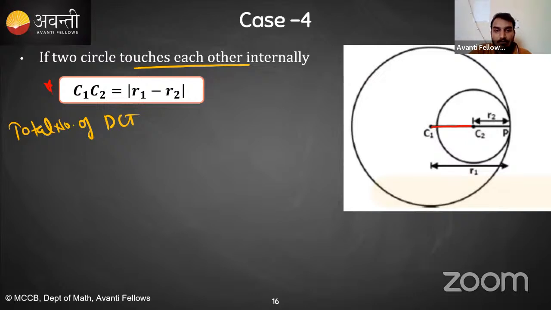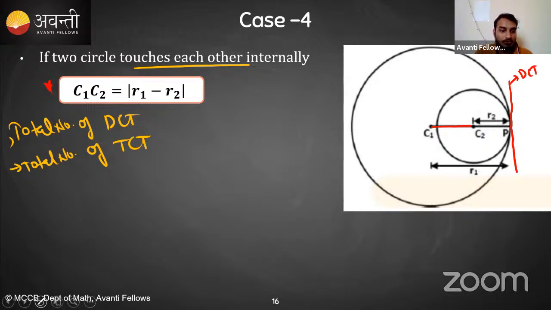Which one is it? See, where is that tangent? The tangent is at the point where these two circles are touching. Yes or no? And clearly the centers C1 and C2 of the circles are lying on the same side of this tangent, so it implies this tangent is nothing but a direct common tangent only.